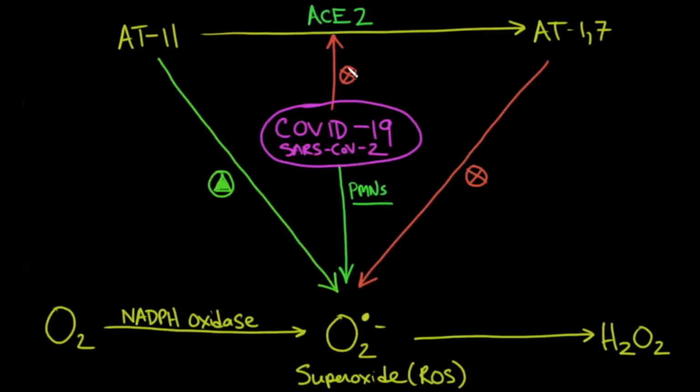Once again, it's because COVID-19 hits the ACE2 enzyme, which is its receptor, and therefore there's an accumulation of angiotensin II, which stimulates the production of superoxide. There's also a deficiency of angiotensin 1,7, which inhibits the production of superoxide through a nitric oxide mediator. In addition to this, COVID-19 itself attracts PMNs, which are neutrophils, which also can cause production of superoxide.